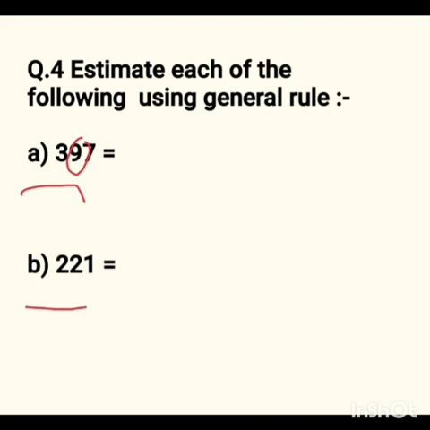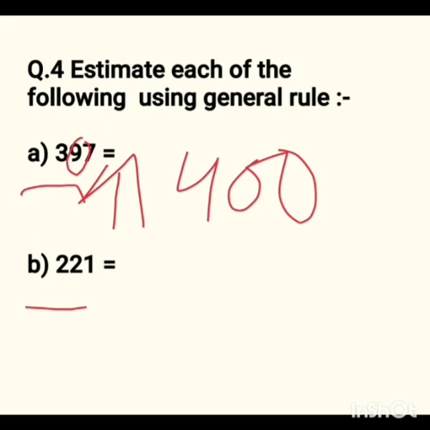So I need to round it up, since for 5, 6, 7, 8 or 9 we round up. So the hundreds above, it means 400, right? So 397 rounded off to the nearest hundred is 400.